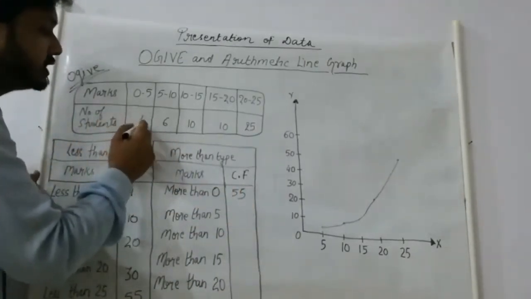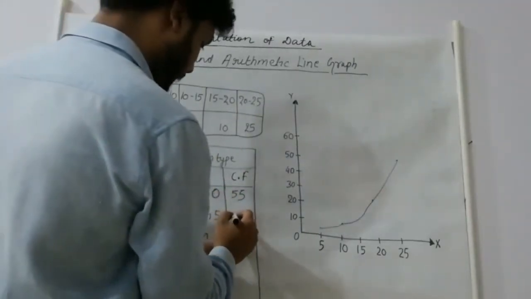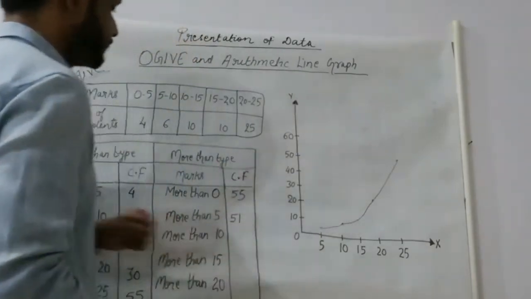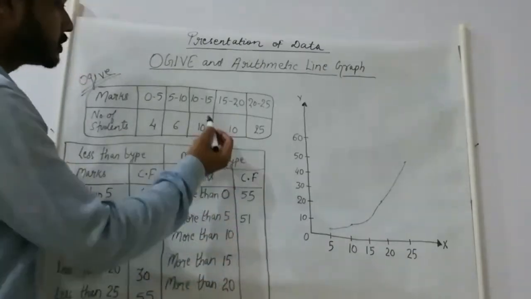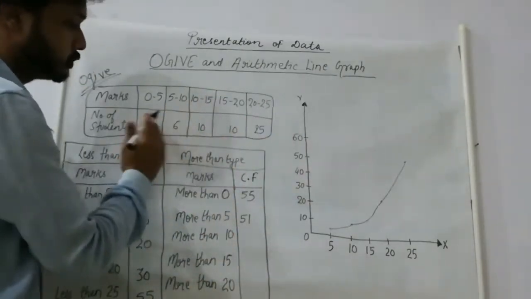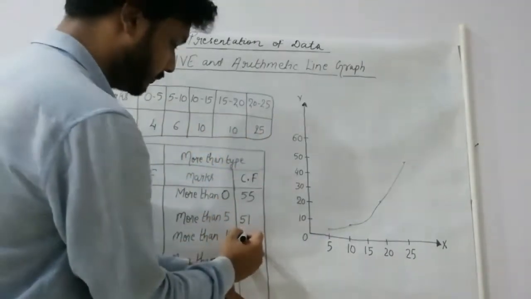We have to leave this one, so subtract this. 55 minus 4, 51. Now next is more than 10. So more than 10, 10 and above, leave these 2, 10 plus 10, 20 plus 25, 45.